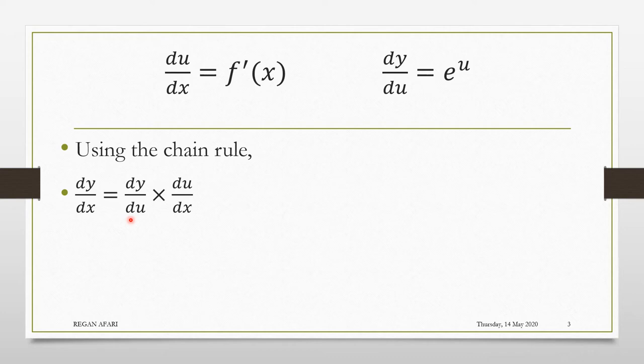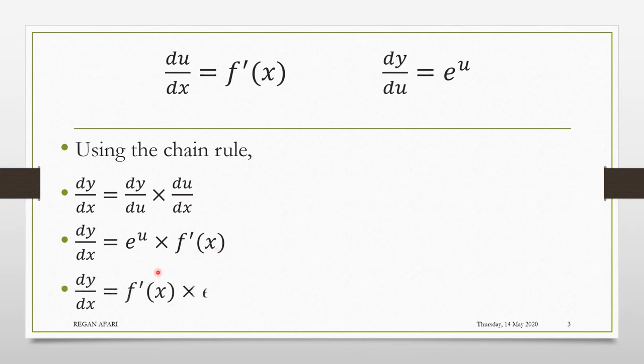All right, so now let's substitute these into the formula and see what we come up with. We have dy/du is e raised to the power u, and we know that du/dx is f prime of x. When we clean it up, this is what we get. What we did here was that we said let u be equal to f of x, so we just put it back there and we are good to go.